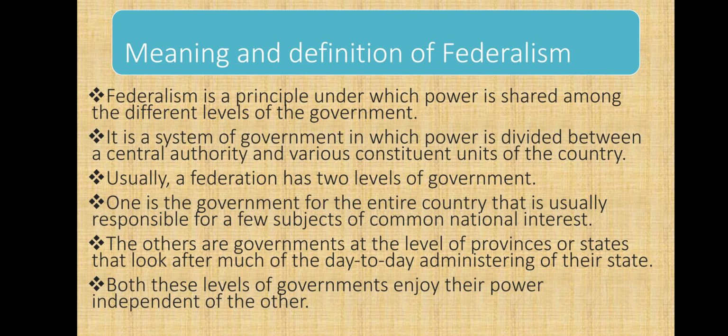So minimum 2 levels are required. Usually a federation has 2 levels of government. One is the government for the entire country, that is usually responsible for a few subjects of common national interest. And the other is government at the level of provinces or states that look after much of the day-to-day administering of their state.